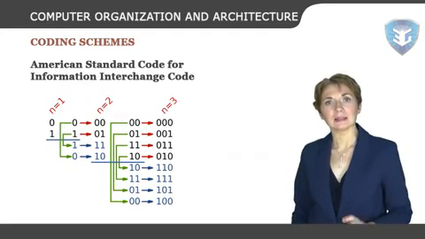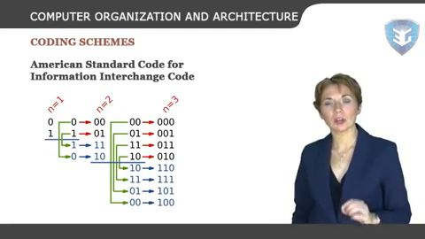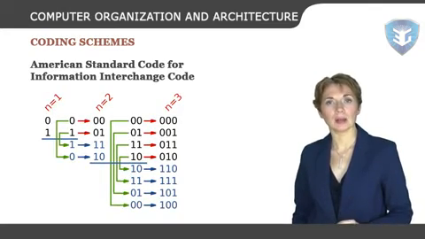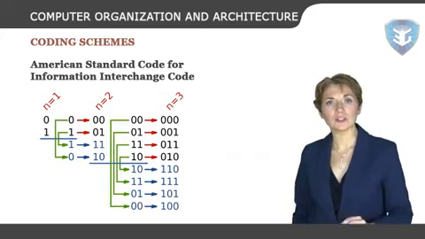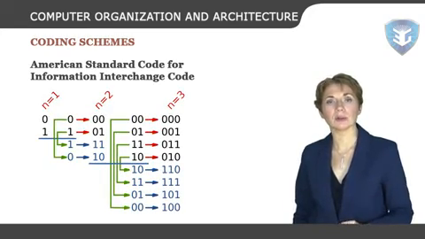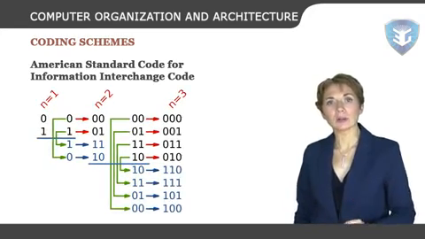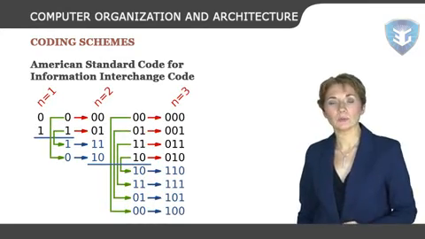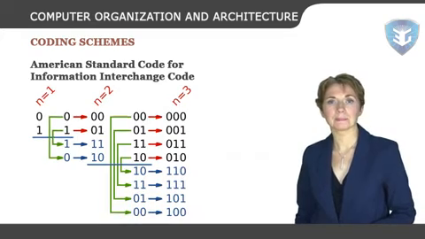In ASCII, the uppercase letters are assigned codes beginning with the hexadecimal value 41 and continuing sequentially through the hexadecimal value 5A, and lowercase letters are assigned hexadecimal values of 61 through 7A.